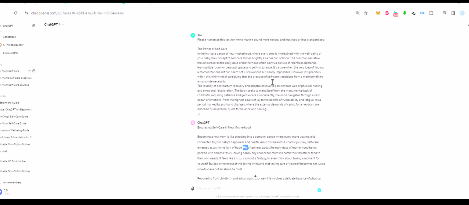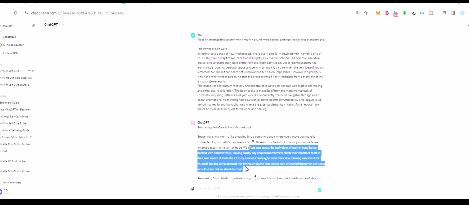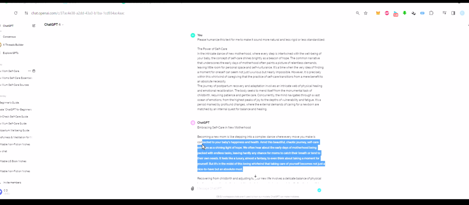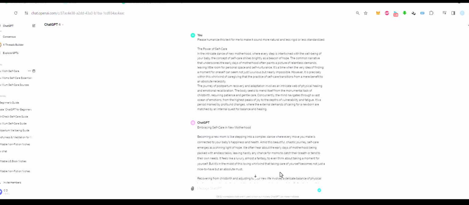Nah, that's too much AI again. Plus, it's almost the same. We often hear about the early days of motherhood being packed with endless tasks. Okay, I like this. This is already better. This is better. It's not perfect, but it's already better.